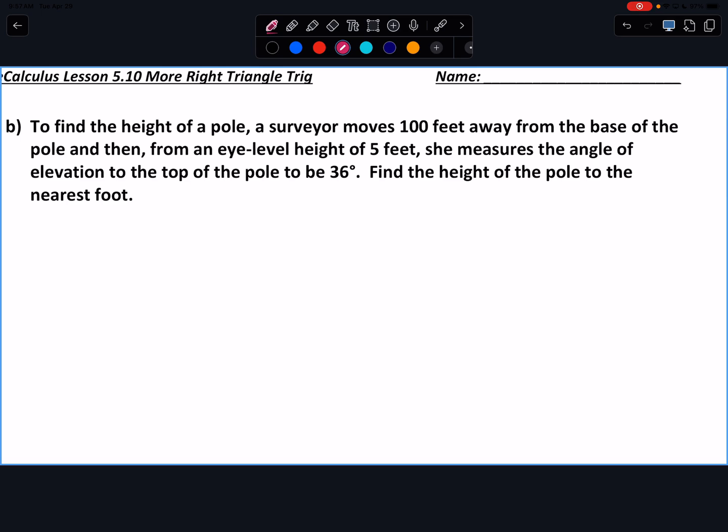Okay, people. The hardest part sometimes with these is truly setting it up. Once you set it up, you can solve for X. It's basic algebra. So, a pole. To find the height of a pole, a surveyor moves 100 feet away.